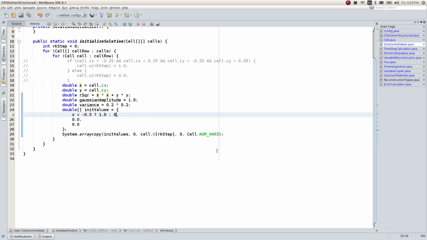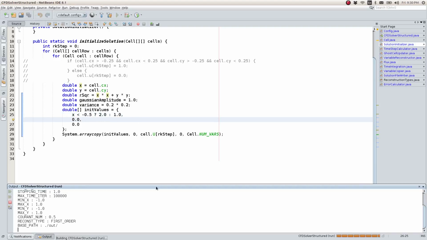So that will be like the left side of the domain. Small portion is made equal to 1. I'll make this say 2, and otherwise I'll make it equal to 1. So let's see what results we get out of this.